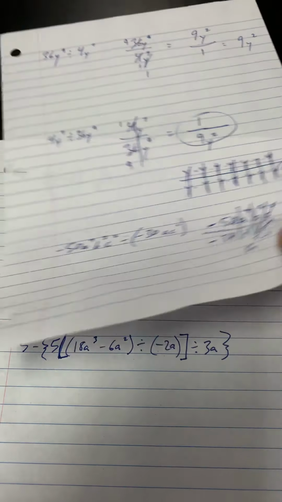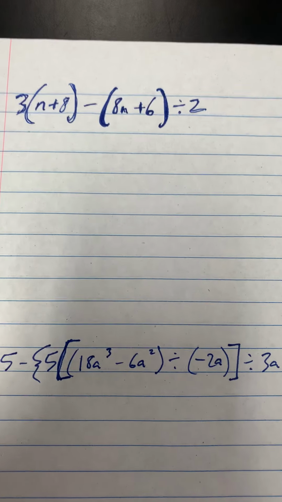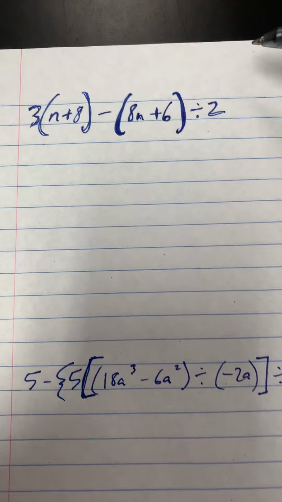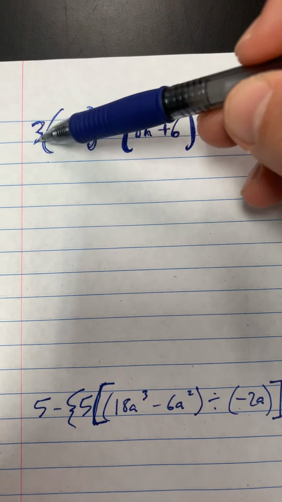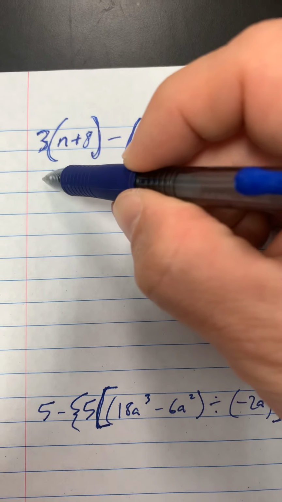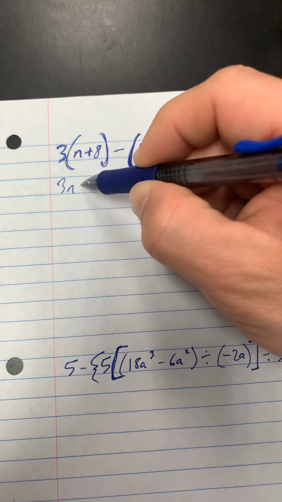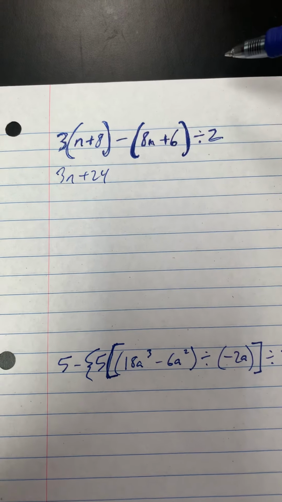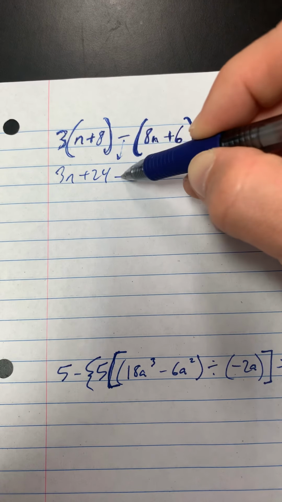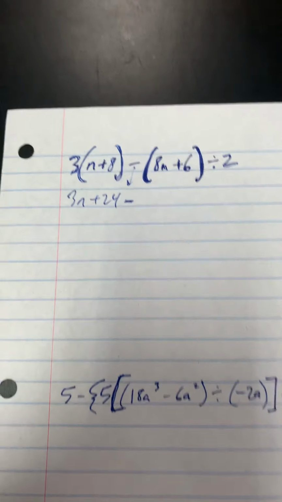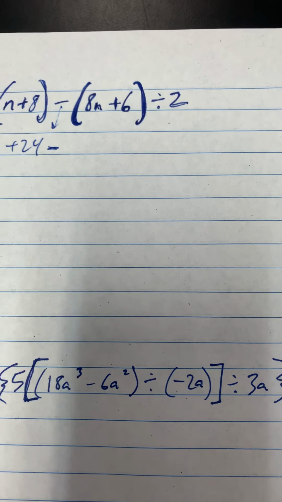Okay? All right. 2 more. I'll show you why I disagree with Ignitia on this. All right, so first of all, we're going to distribute, okay? So that's going to be 3n plus 24. Okay, so I'm going to go ahead and just bring this subtraction sign down. Bear with me just one second. I want to make sure I'm on the same page with Ignitia on this one as well, okay?